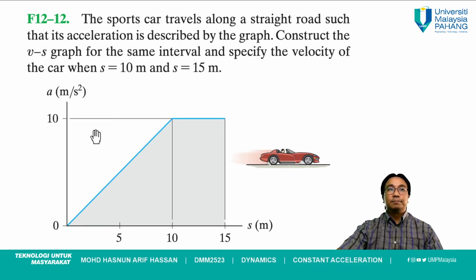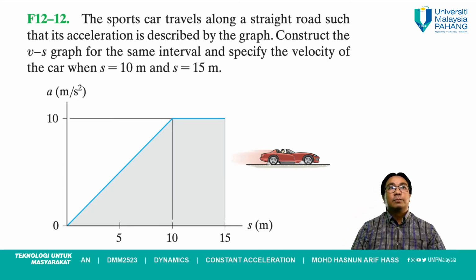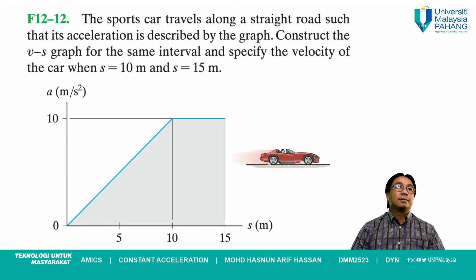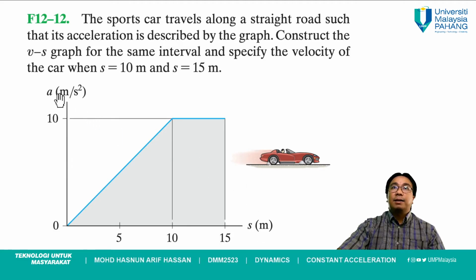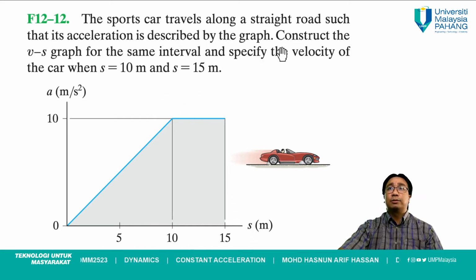What is the difference? It uses displacement. Yes, correct. Earlier we plotted acceleration against time. Now the graph is acceleration against displacement, not acceleration against time anymore. So the question is to construct the velocity displacement graph.